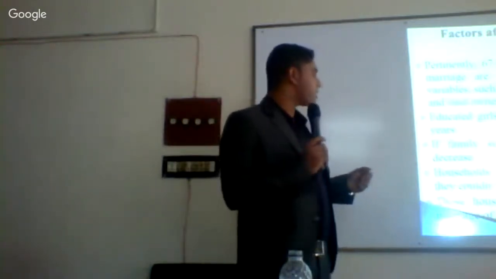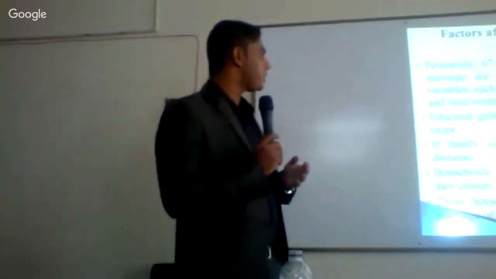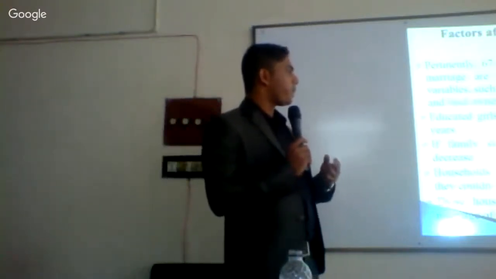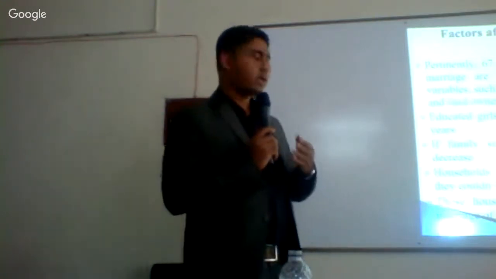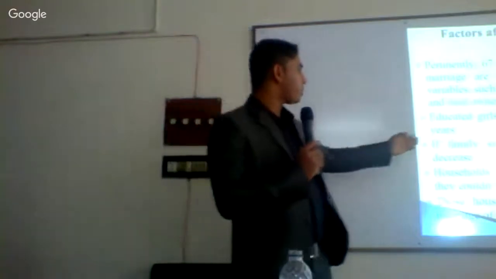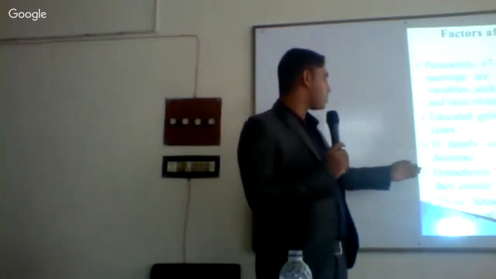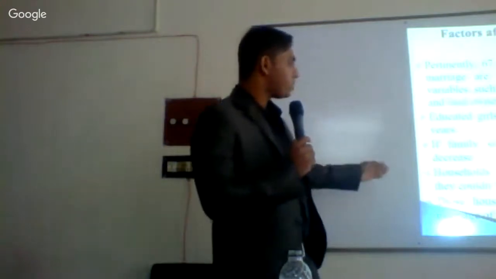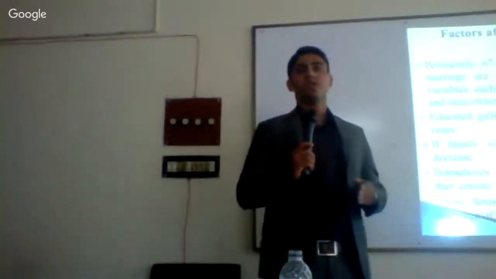It is a negative relationship: if a family has more members, they may think that I will try to get my daughters married within 18 years or as early as possible. That's why I consider that if family size increases, age of first marriage will decrease. Another factor I found is that households having land are economically secure, and they do not think that early marriage is a coping strategy to poverty.